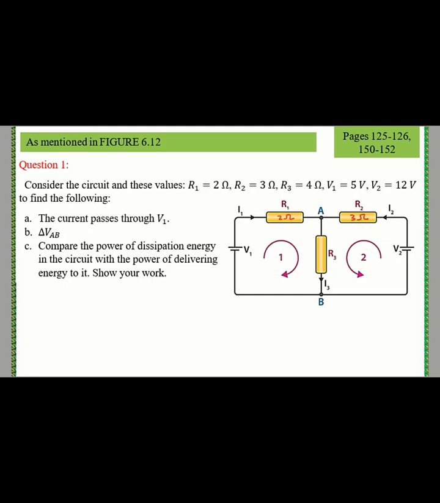V1 is 5, this is 5 volts. V2 is 12 and R3 is 4 ohms. Find the current passing through V1.